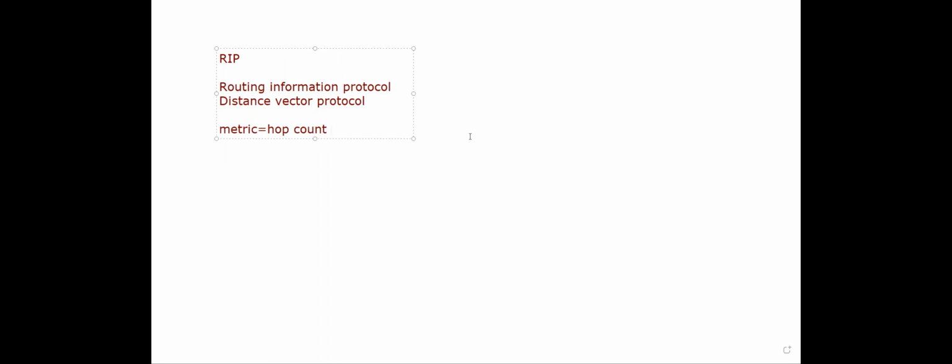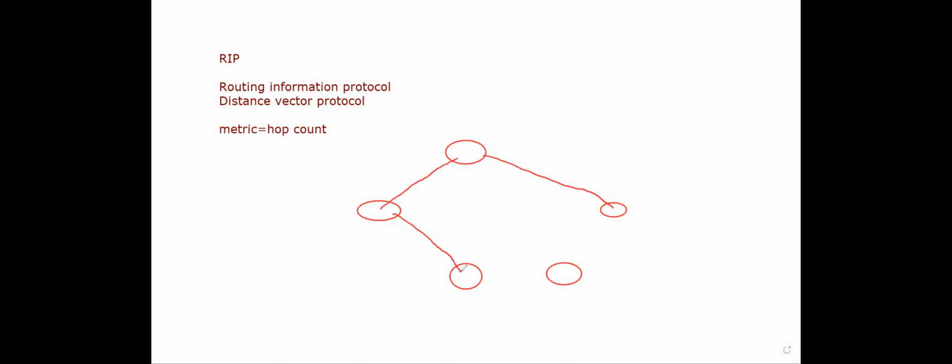Hop count means, for example, we have a design like this: router, router, router, router, router, and the routers are connected like this.